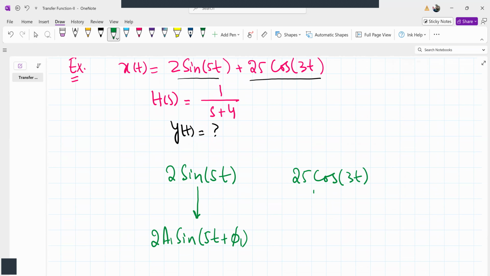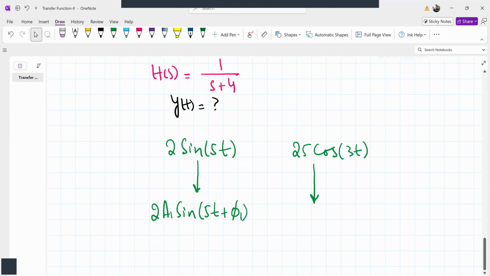The corresponding output will be simply 25A2 cosine of 3t plus phi 2. Okay, I'm just changing the terminology. So for individual inputs, for 2 sine 5t, the output will be this.